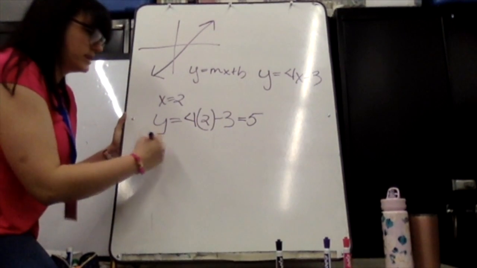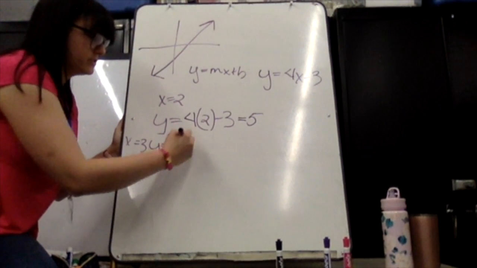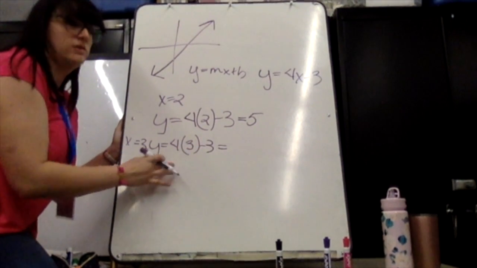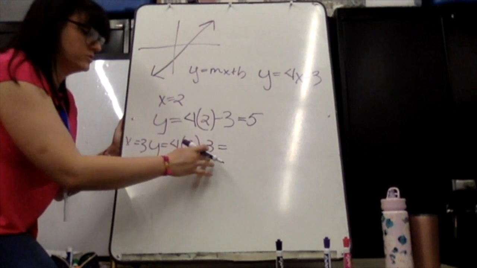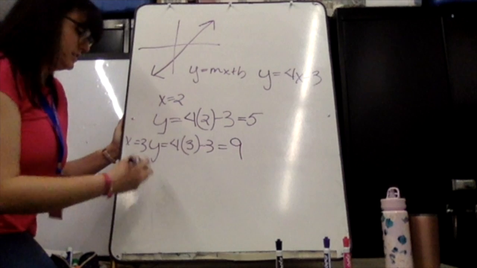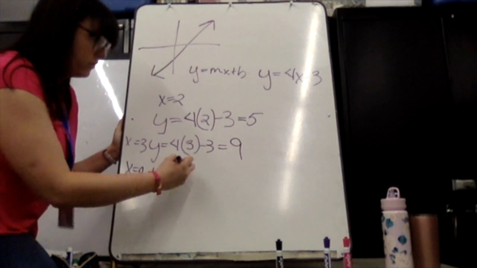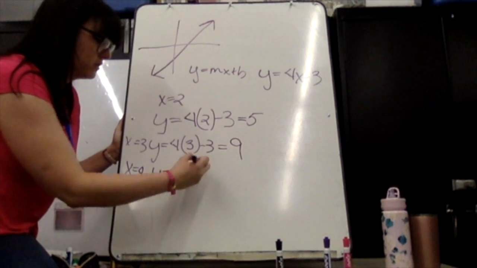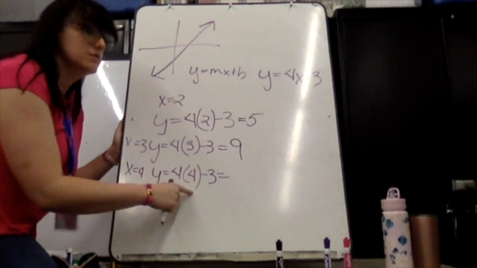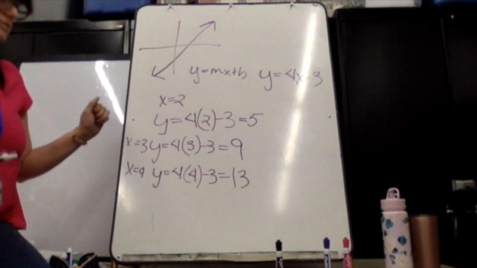Then when x is 3, we have 4 times 3 minus 3. This becomes 12, minus 3, which is 9. And when x is 4, y equals 4 times 4 minus 3. So 16 minus 3 is 13. Does that make sense?